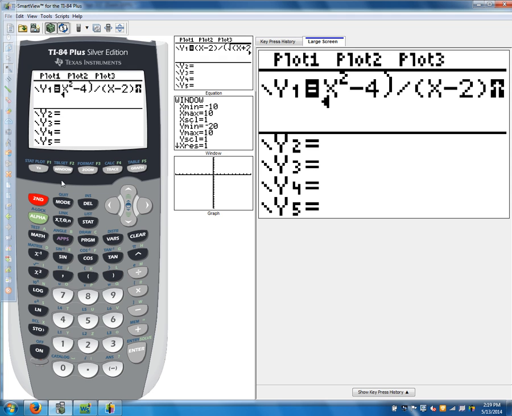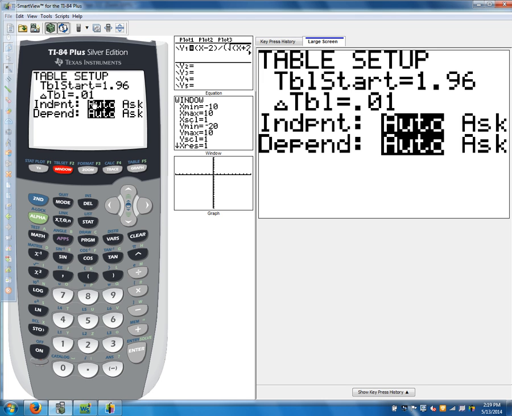I'm going to set up the table. I'm going to go second table set. And I'm changing this second number, this delta table, to 0.01 instead of 1 because we want a little more accuracy here. And I'm going to start my table at 1.96, so kind of close to 2. Then I'm going to go to my table, second table.